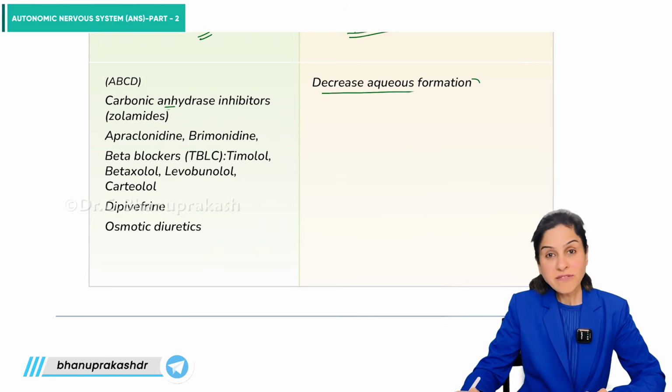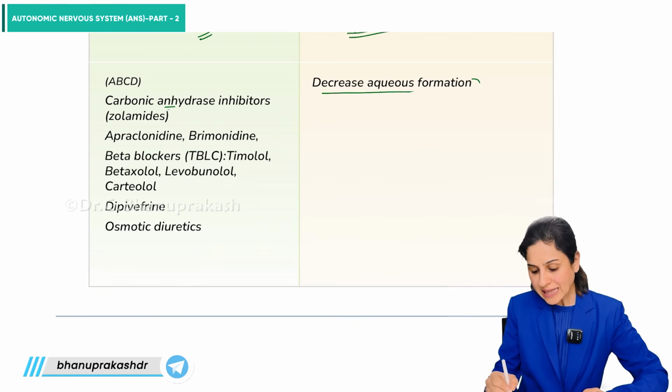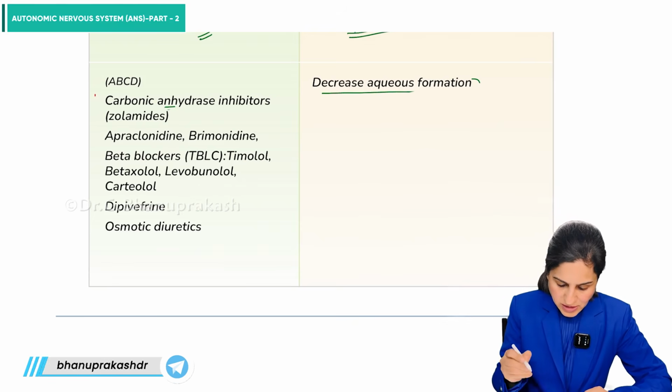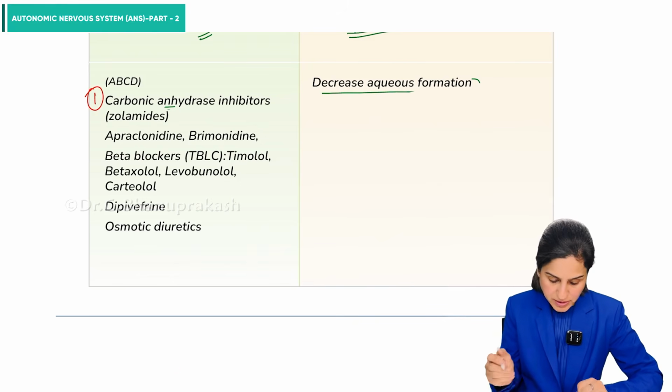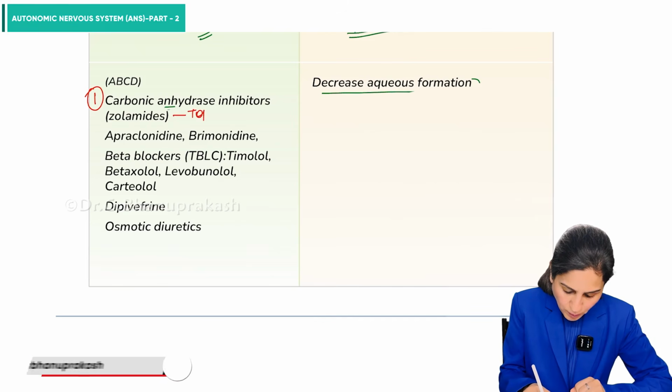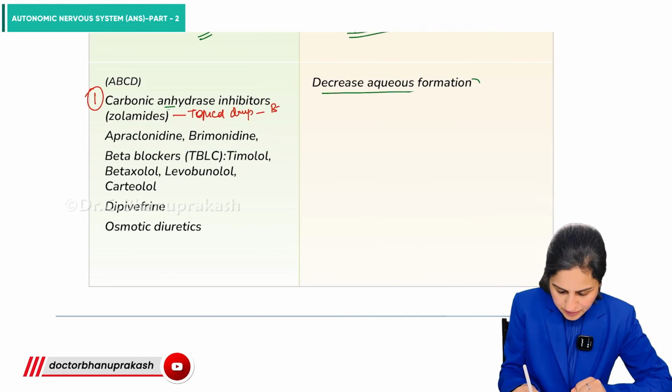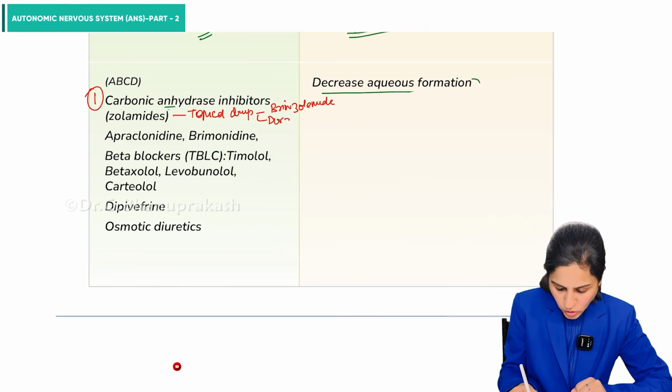Okay, then we have the next group of drugs which decrease the aqueous formation, and the first group here are the carbonic anhydrase inhibitors. So we have the topical drugs like brinzolamide and dorzolamide.